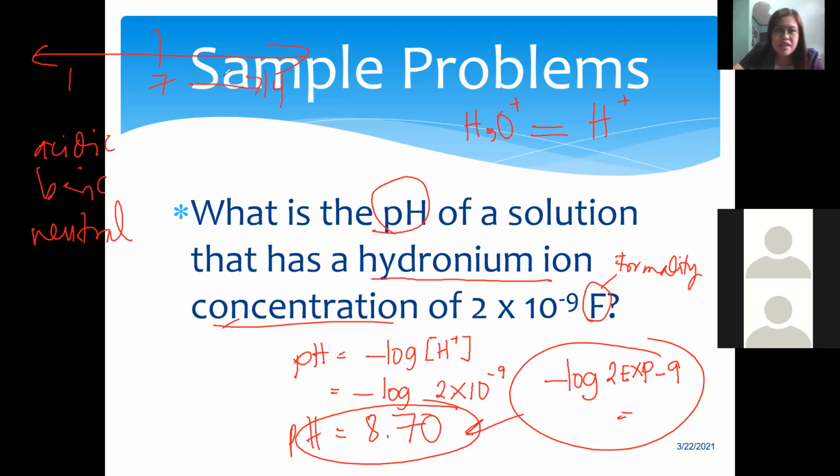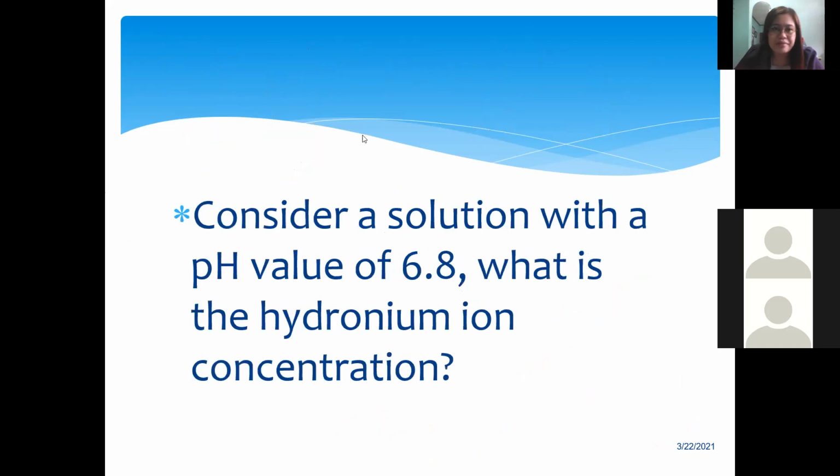It's more than 7. So automatic, class, this solution is basic. So that's how you determine, ha, if ever lang i-ask kayo to classify your solution whether it is acidic, basic, or neutral. I hope that is clear sa inyo, ha.